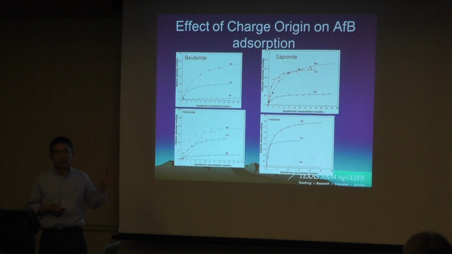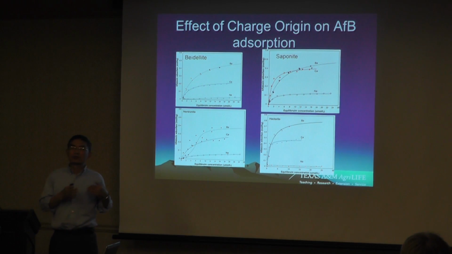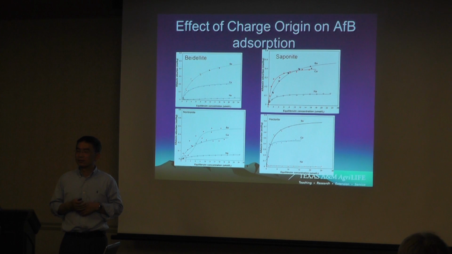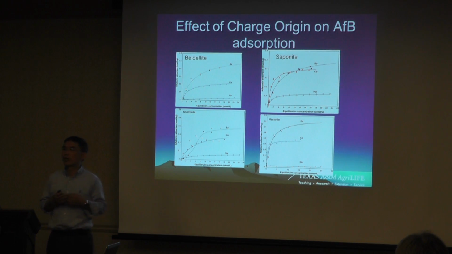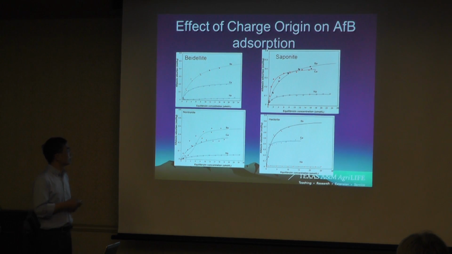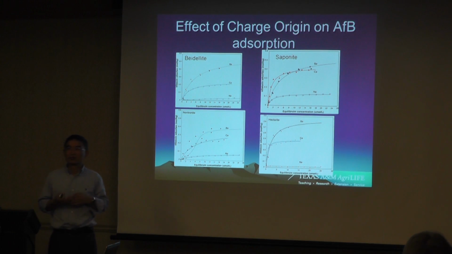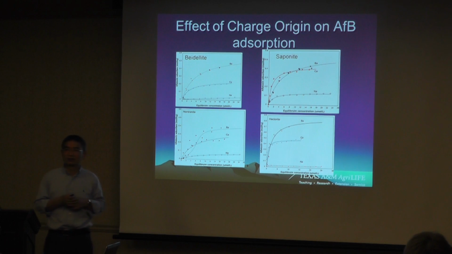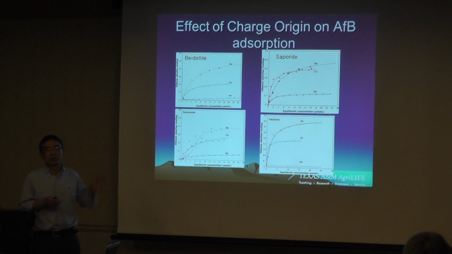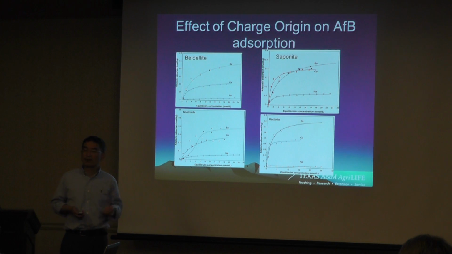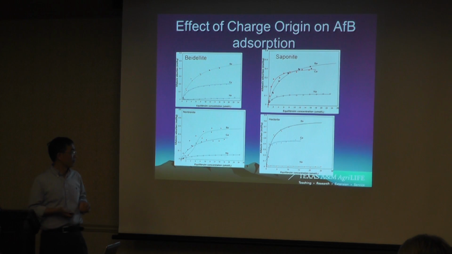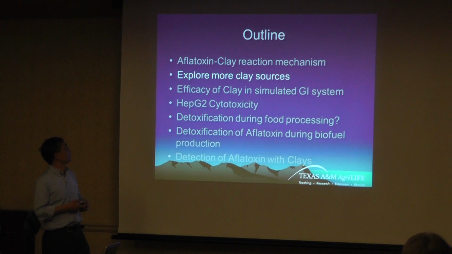What we wanted to know is whether the charge origin affects the adsorption. What we found is that more important is the exchange cation type, not the origin of the charge. So it probably doesn't matter what type of smectite we have; if we select an adequate exchange cation, we might be able to reach a higher adsorption capacity.